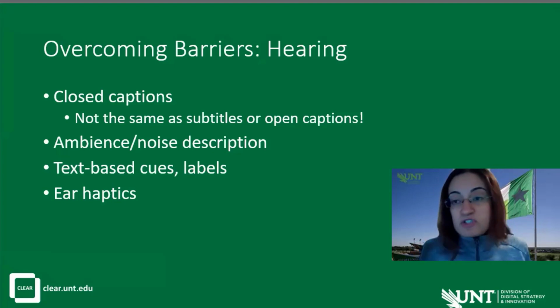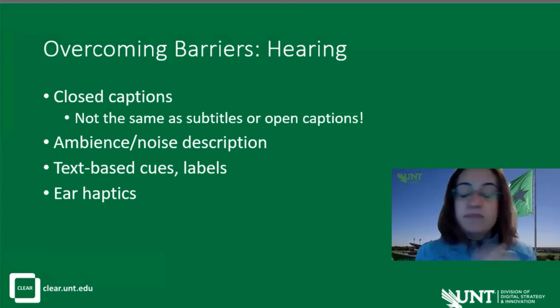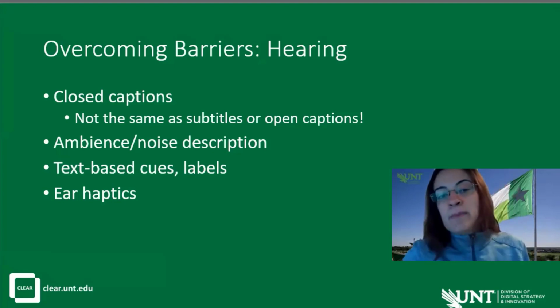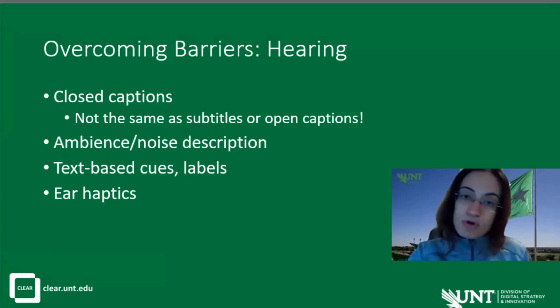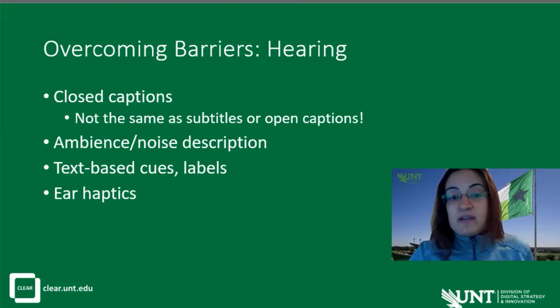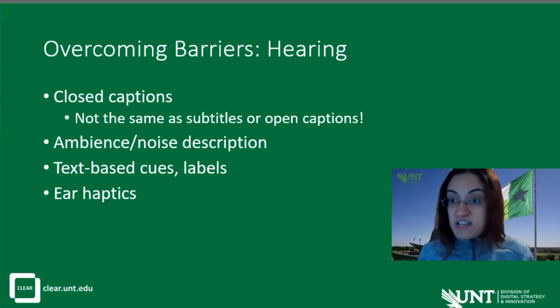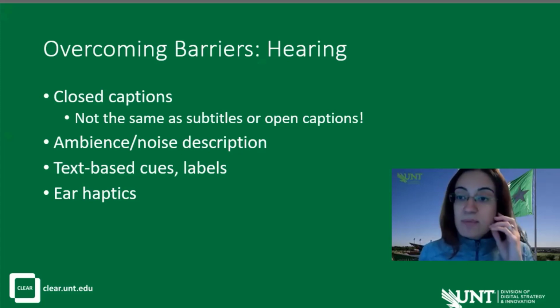There's been a recent research published in 2020, and I provide the link at the end for extra resources, and I'd be happy to share the PowerPoint later. But there's been some recent research into the development of a prototype called ERVR. It's a prototype of an ear haptic. It can integrate with any VR headset. And so this ERVR will be able to detect the direction of sound and translate that as vibration through vibromotor devices that are placed on the user's ear.